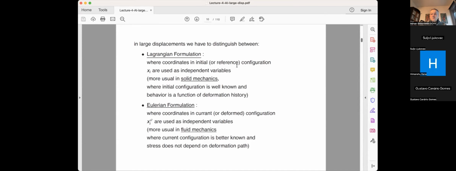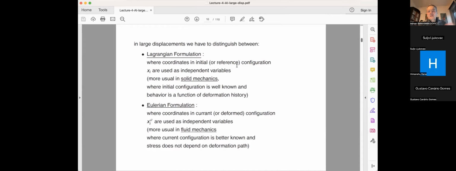Given that we have 2 sets of coordinates, an initial configuration with coordinates x_i, and a deformed configuration with coordinates x_i phi, we can choose between 2 different formulations. One is called Lagrangian, where everything that we construct is a function of the coordinates in the initial or reference configuration, x_i.